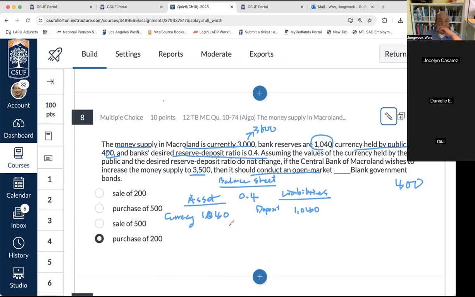So if reserve is 1,040 and reserve deposit ratio is 40%, total deposit becomes what? Eventually the maximum deposit becomes how much, divided by what?